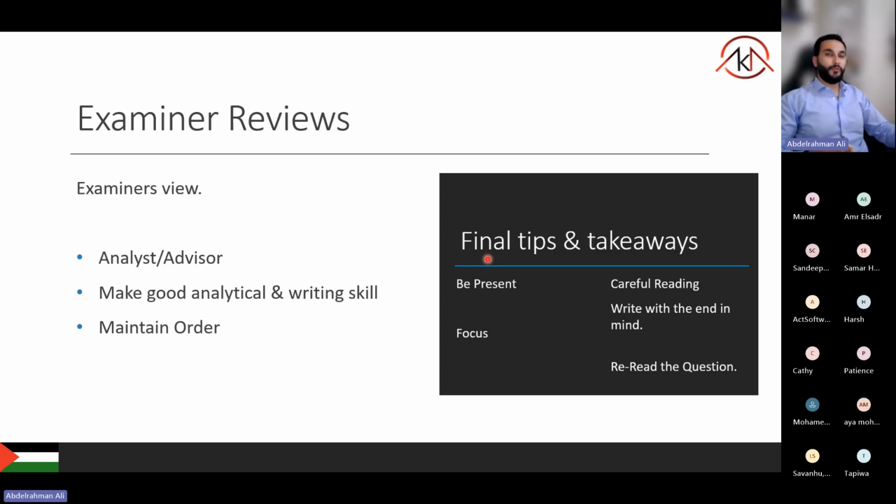Maintaining order is very important. Please try to maintain order in your writing. Do not jump between lines from one subject to another, especially if you are shedding light on the changes that happened in the OECD transfer pricing guidelines 2017. 2017 was, in fact, a consequence of the BEPS project.